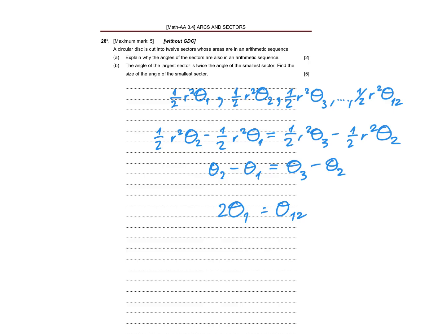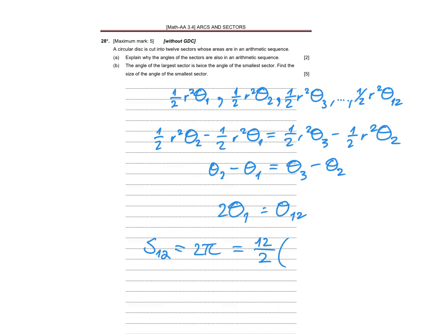And then, if you have the sum of 12 angles, and that is equal to 2 pi, and that is n over 2, and we can't use that one that contains d because we don't know the difference, but we can use the first and the last, okay?